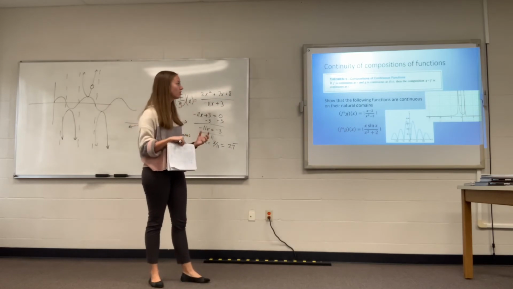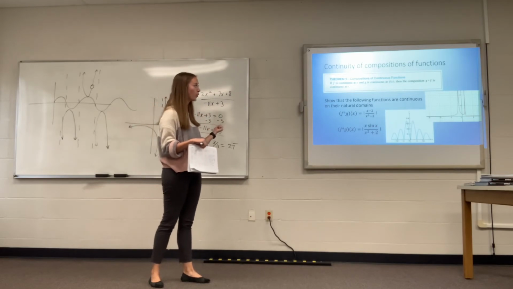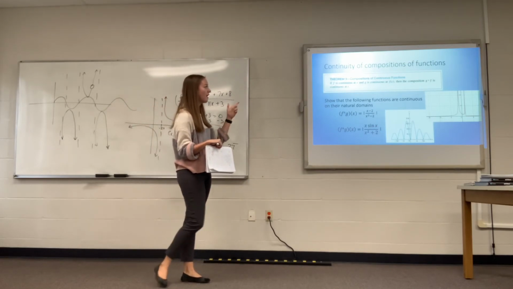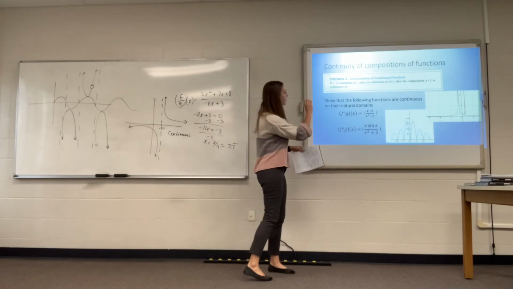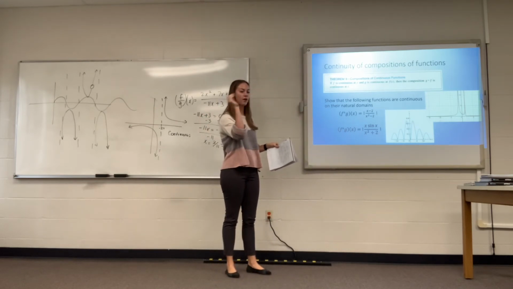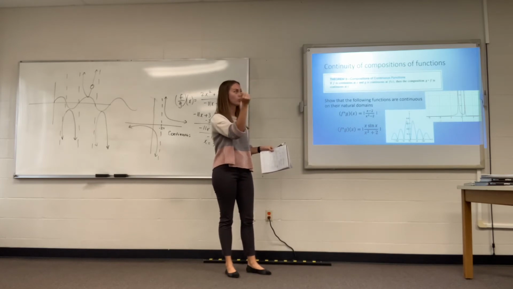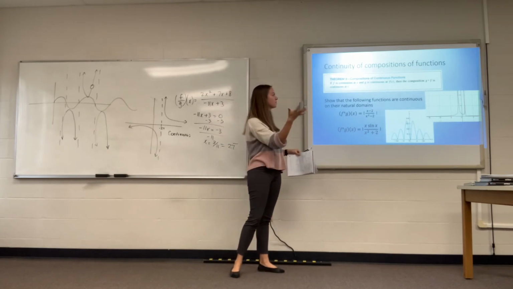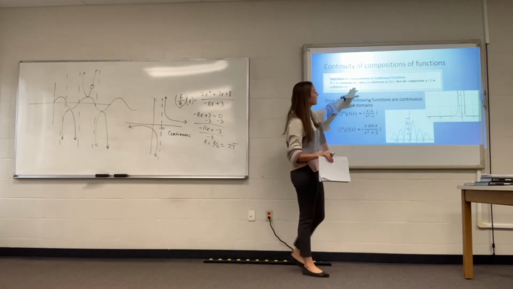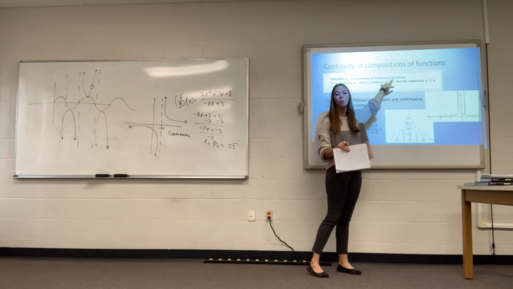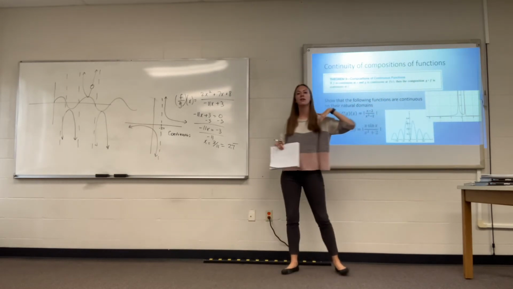So you just have to look at your first function, and if it's continuous at a certain point, look at whatever that x value is, and look at the y value there. So at some c value, you have a y value. And then on the second function, if you look at the y value from the first function, if it's continuous there, then you're good to go, okay?